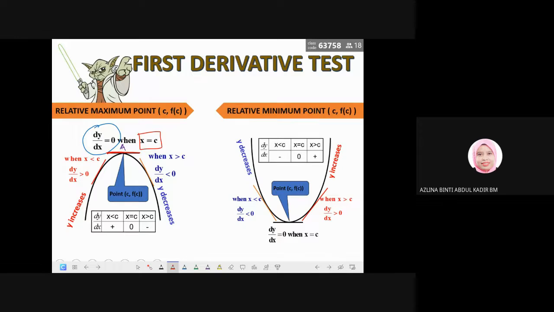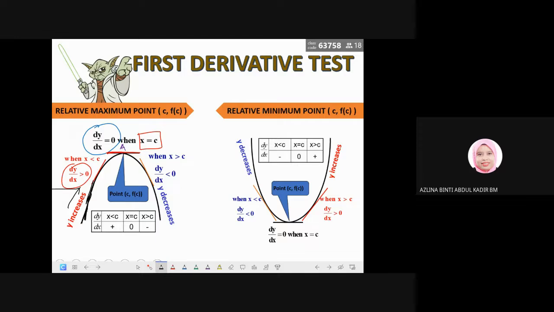Before x equals c, we have dy/dx greater than 0. That is a positive value, so the value of y increases. If you draw a tangent line here, it will go upward, and here too. So y increases until x equals c, that is the highest value.